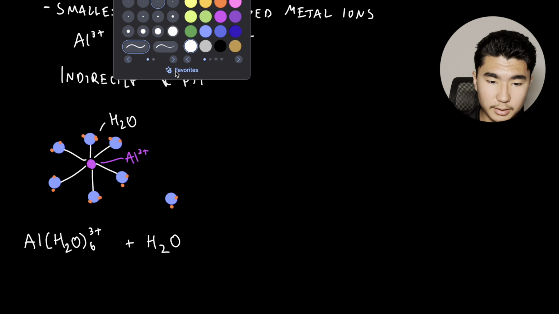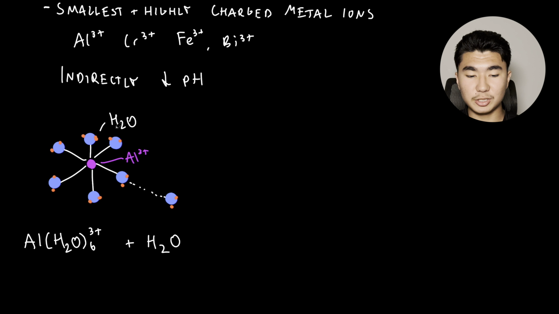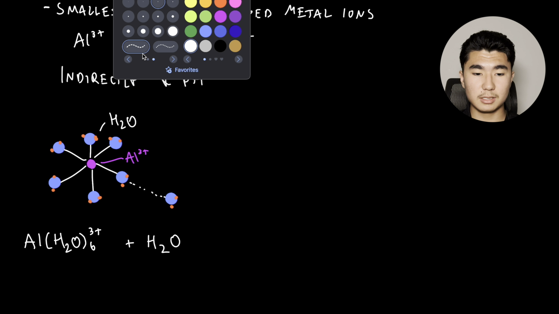And here's something I'll do to replicate what's going to happen. So this is our water over here. This is our Al(H2O)6 3+. So what this is going to turn into, and let me actually copy paste this. This is going to turn into, no, let me cut this out.